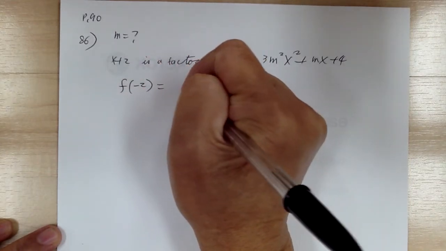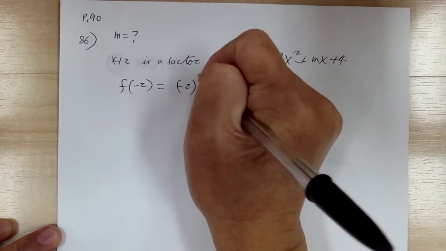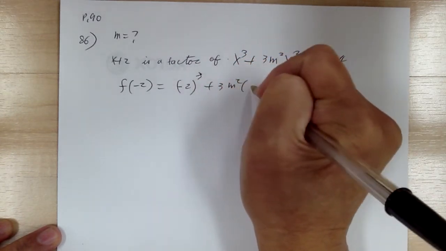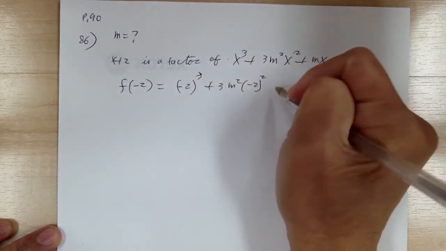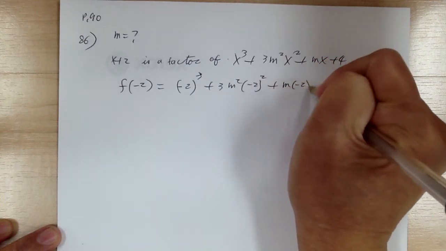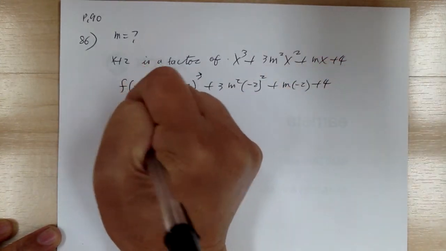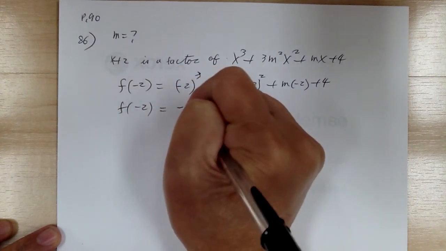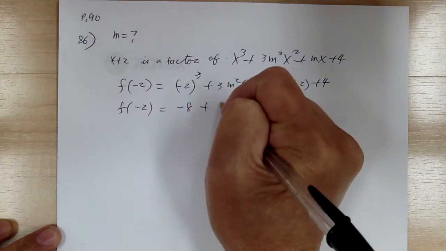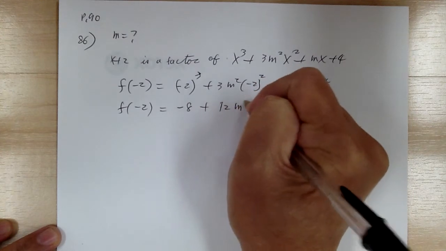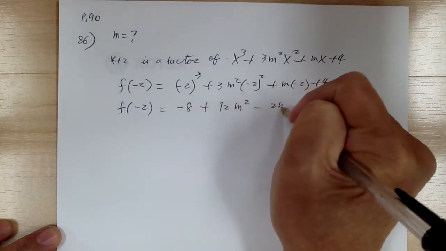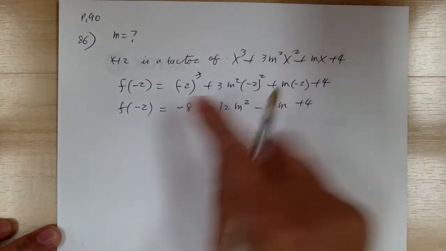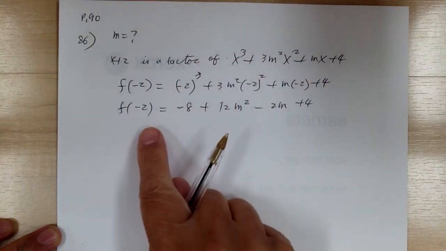It would be -2 to the 3 plus 3m squared times -2 squared plus m times -2 plus 4. So f of -2 will equal -8 plus 12m squared minus 2m plus 4. And because this is a factor, the remainder will equal 0.